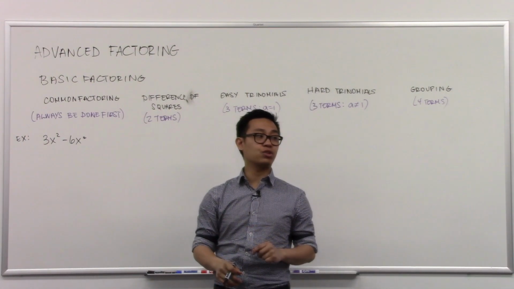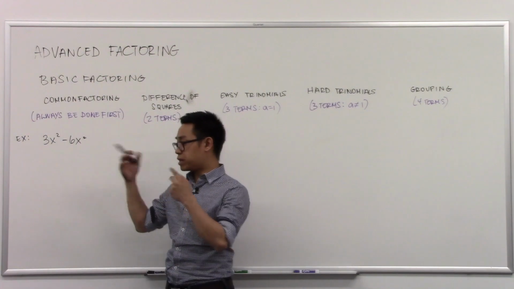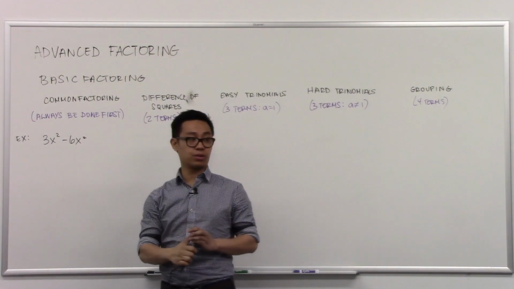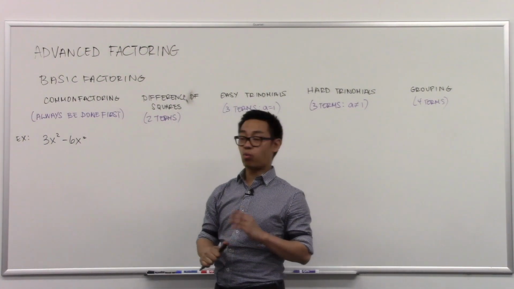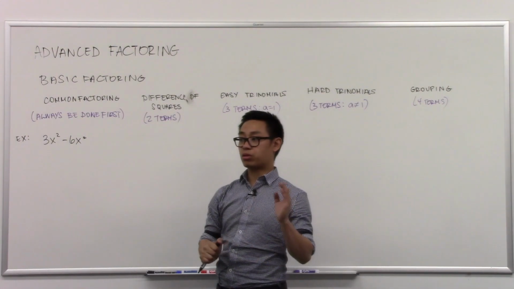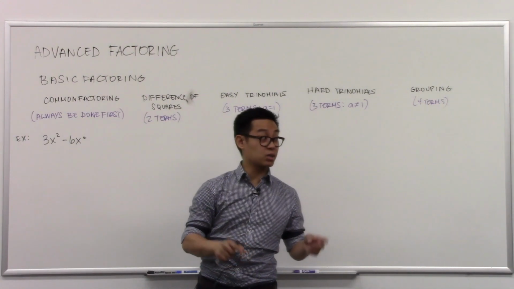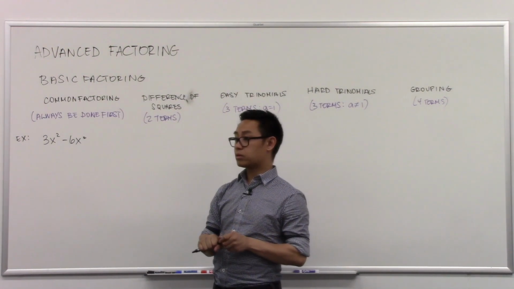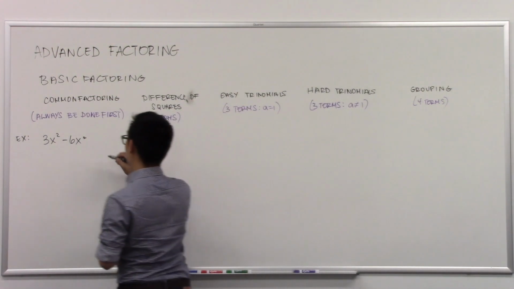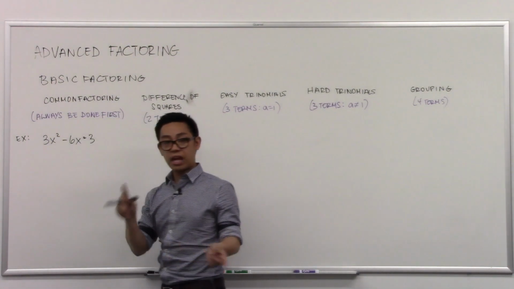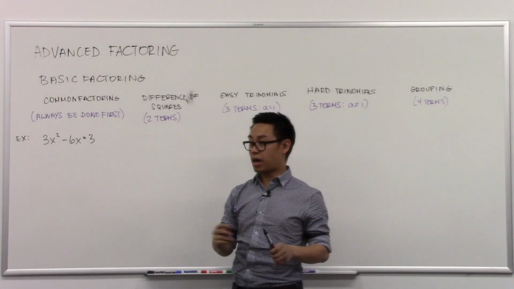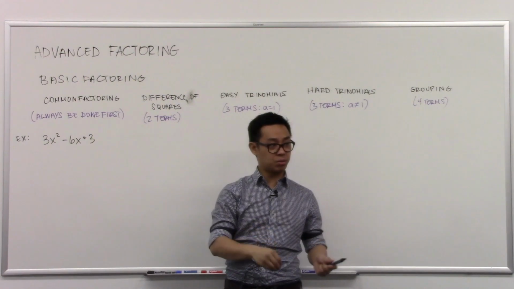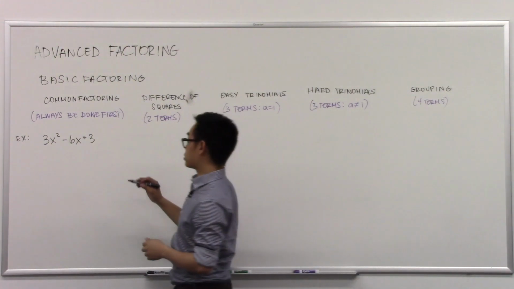So we're going to create an expression that if we expand and simplify, it would take us back to the original. So what's in common between 3x squared and minus 6x? What's in common between 3 and negative 6? What can you pull out? Yeah, you can pull out a 3. And then any variables that they have in common, you take out to the lowest exponent. Yeah, so it's 3x.